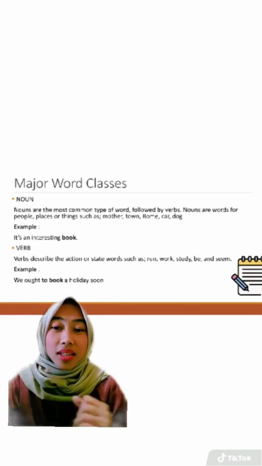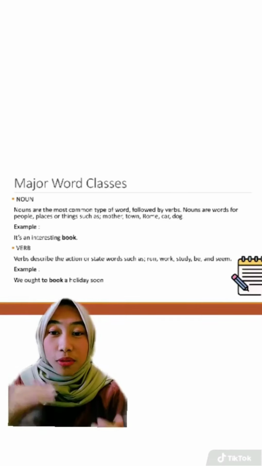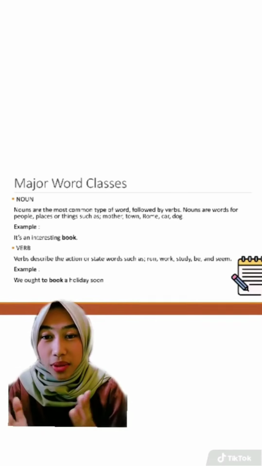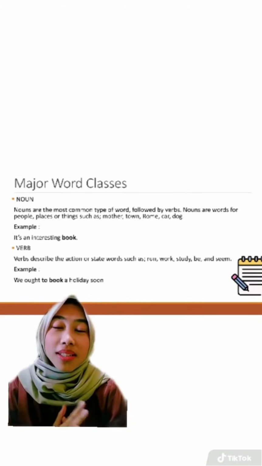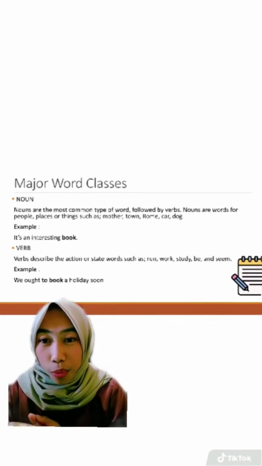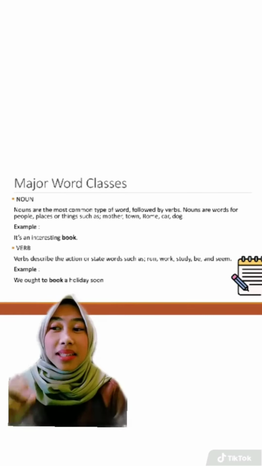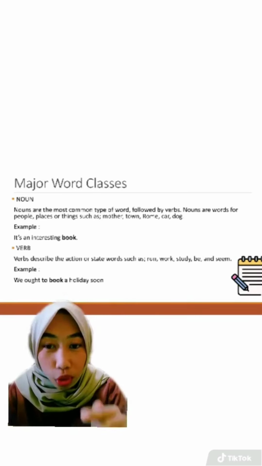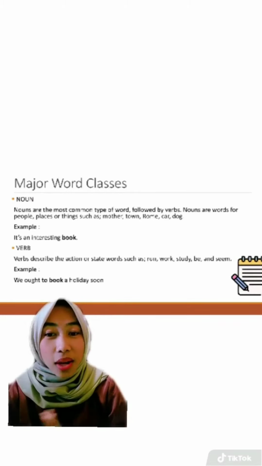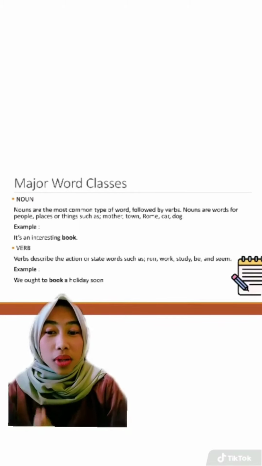That is the example of the word verb. Here is an example in a sentence: we ought to book a holiday soon. Here, to book is an example of a verb.